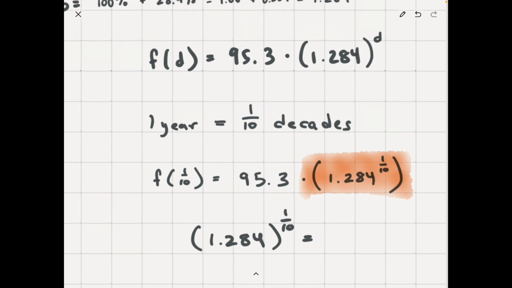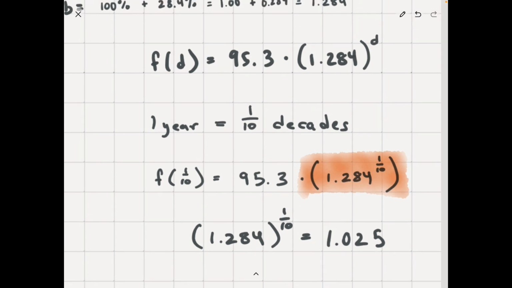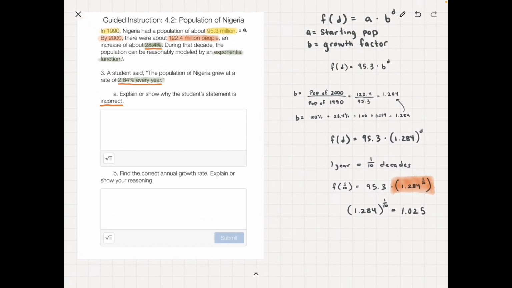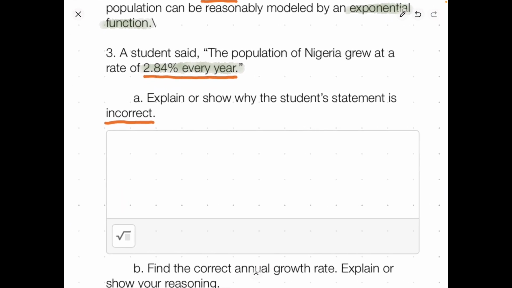And so that gives me a growth factor of 1.025. Okay, so that tells me that my actual growth factor for 1 year is about 1.025.